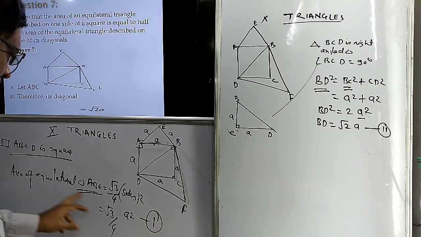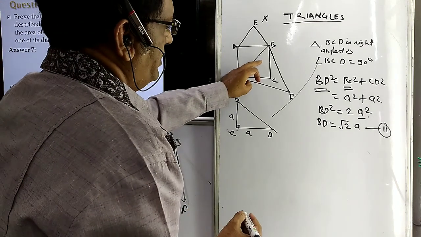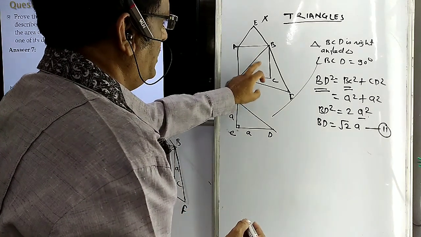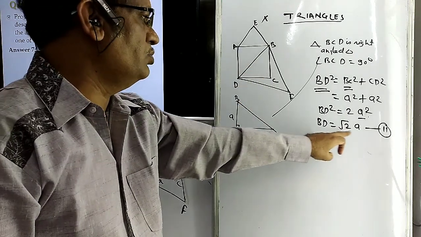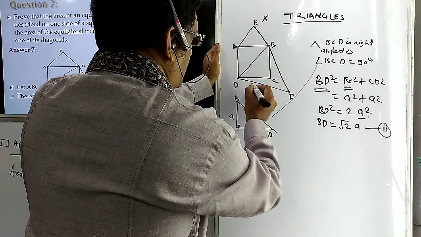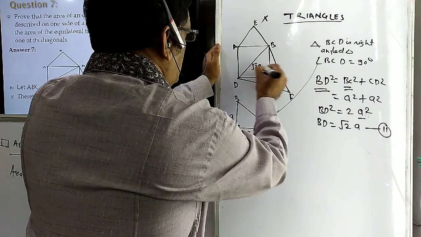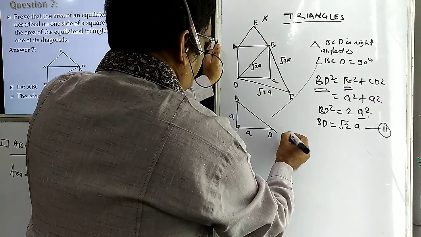First equation: the area of equilateral triangle ABE is equal to root 3 by 4 A square. Now the area of the equilateral triangle having one side BD, that is root 2A. This is an equilateral triangle, so each side is root 2A.